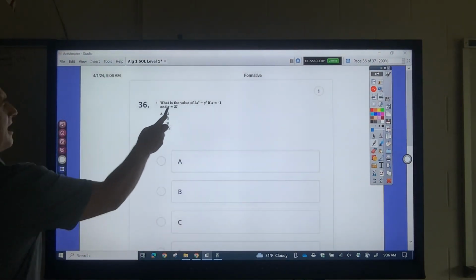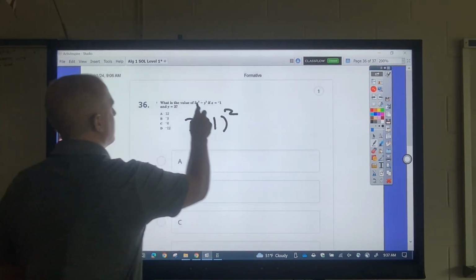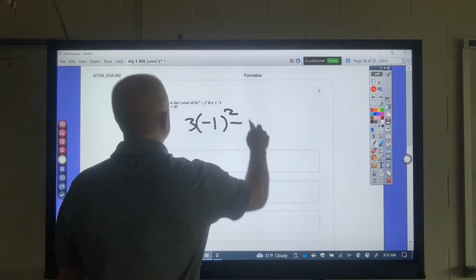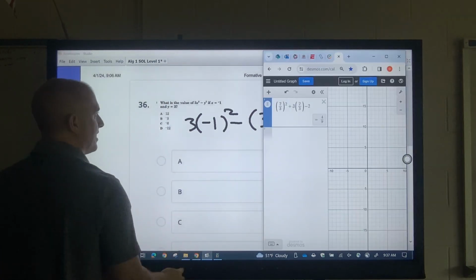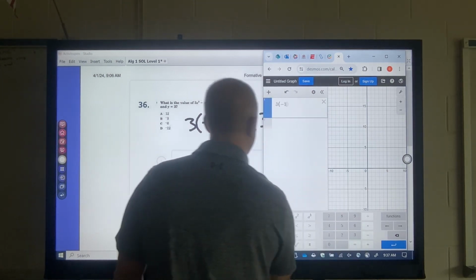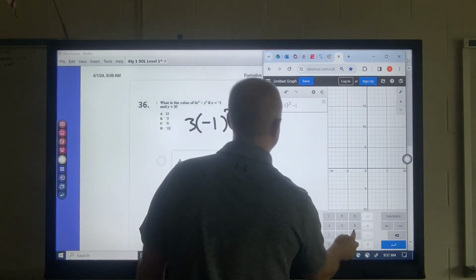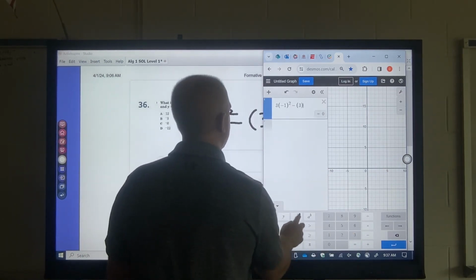Next, I got 3, parentheses negative 1 squared for x, minus parentheses 3 for y. Make sure the squared goes outside the parentheses. So I got 3, parentheses negative 1 squared, minus parentheses 3 squared.